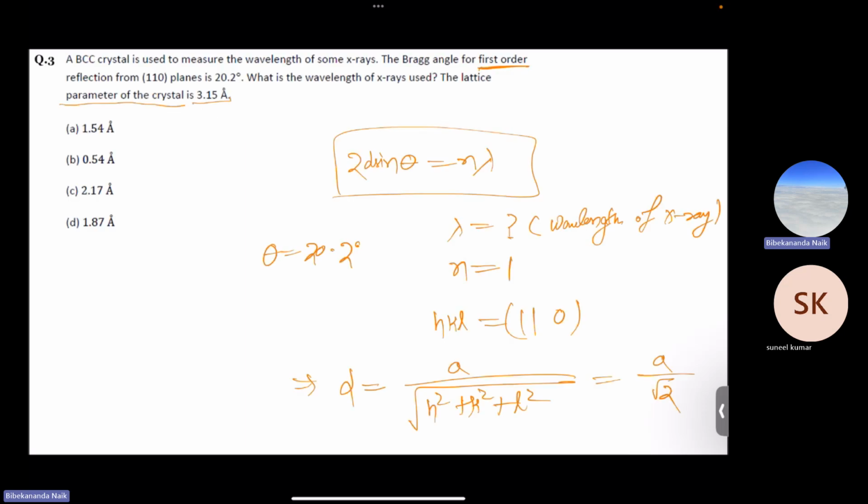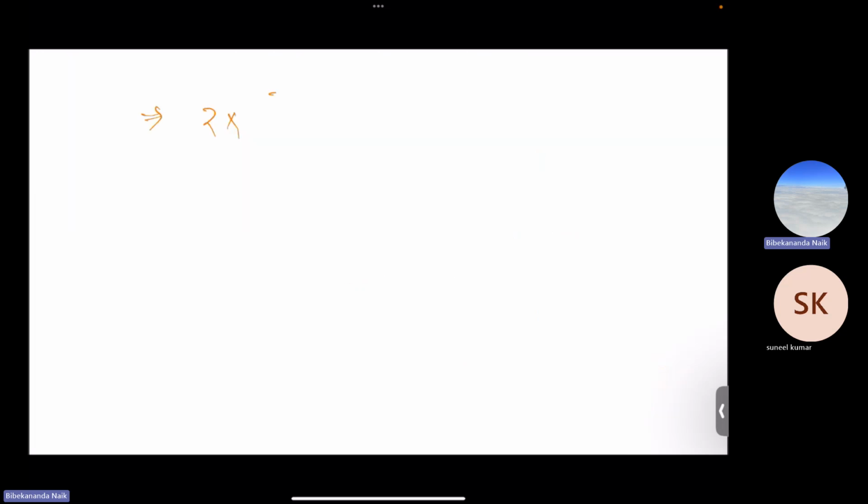Theta is 20.2 degrees. If you put all these in the formula, it will be 2 into d, where d is a by root 2. The lattice parameter a is also given, a is 3.15 angstrom. So it is 3.15 divided by root 2, into sine 20.2 degrees, equals n lambda. n is 1, so it will be lambda only.